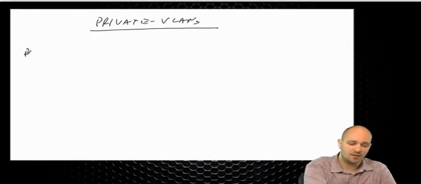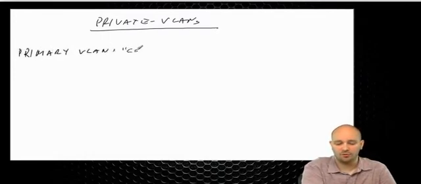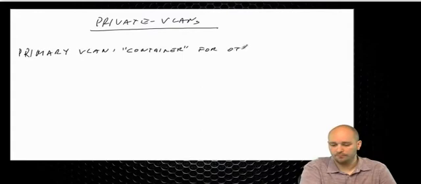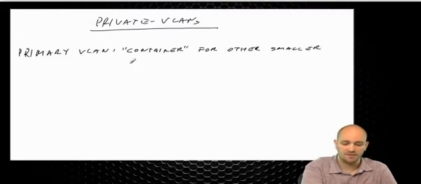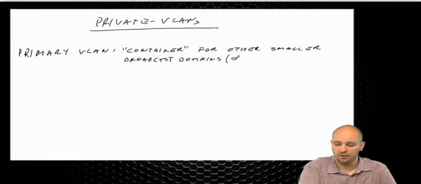First, we have a primary VLAN. I like to think of the primary VLAN as a container for other, smaller broadcast domains, which are also called secondary VLANs.